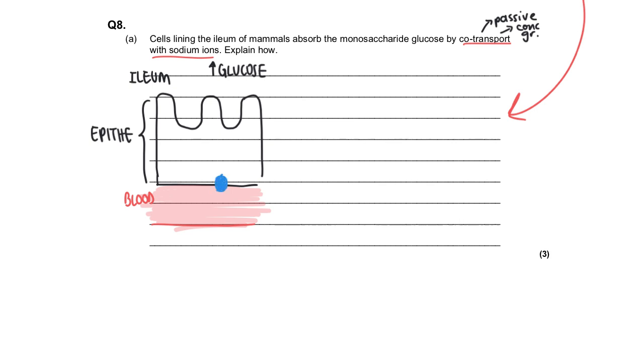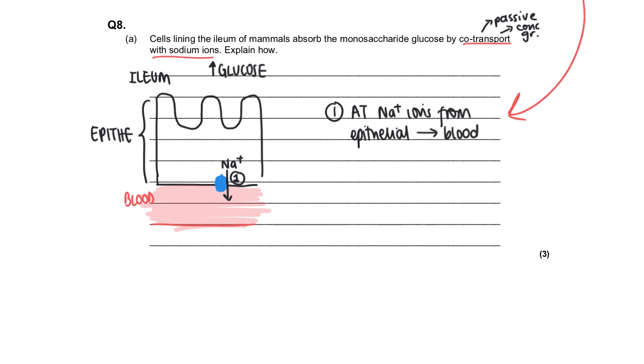And the way I do it is by starting off forcing sodium molecules out of my epithelial cell into the blood. So mark 1 is that we're actively transporting sodium ions from the epithelial cell into the blood.